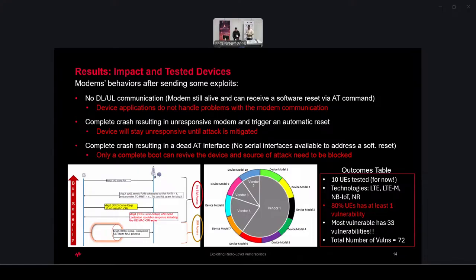These are our results from the laboratory that we tested. Now it's a bit higher, 12 devices, but at that point we succeeded in testing 10 devices and acquired more data for those 10 devices. And 80% of them have at least one vulnerability, with the worst one having 33 vulnerabilities.